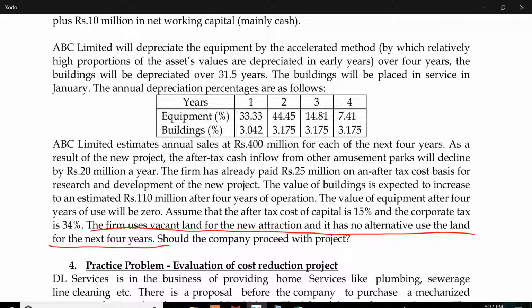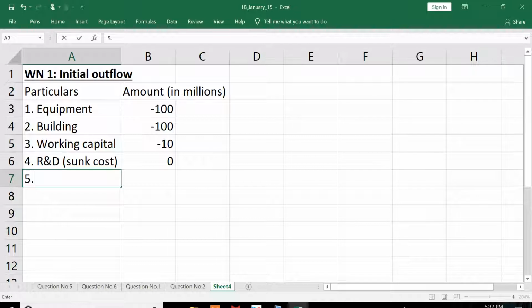The value of the land is normally expected to only go up, so because I am using it for this project, there can be some favorable impact on the land value also. Logically, I should have written point number 5, land in bracket today's value, and after 4 years again land comes back at some value. For the time being, I do not have anything on the land side, so we ignore it.